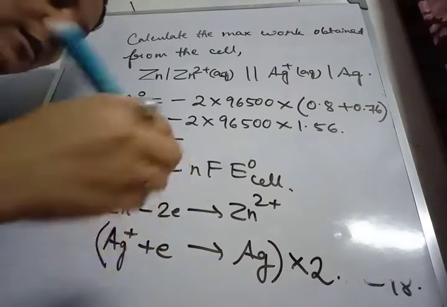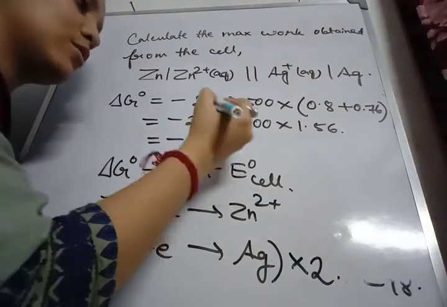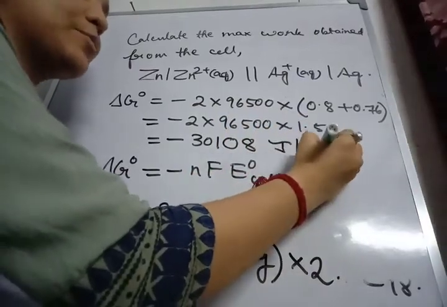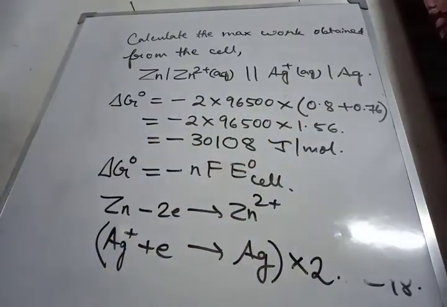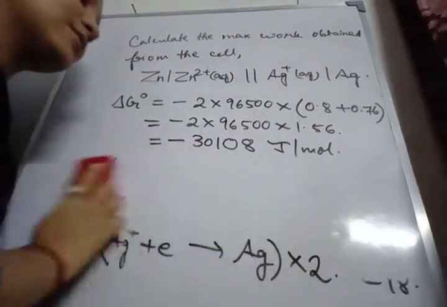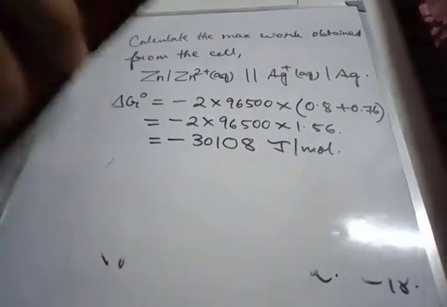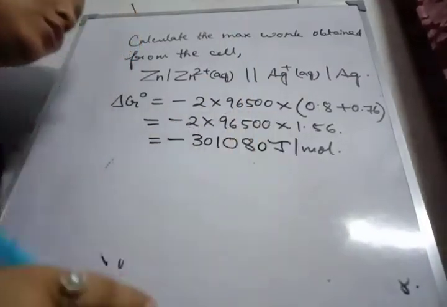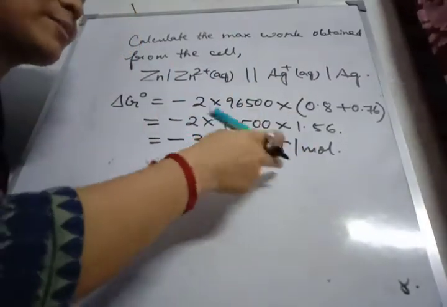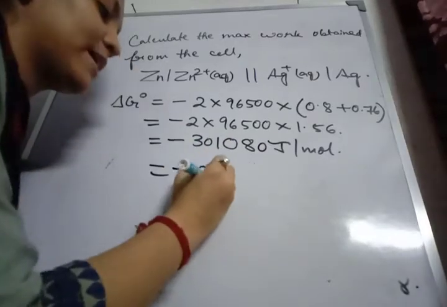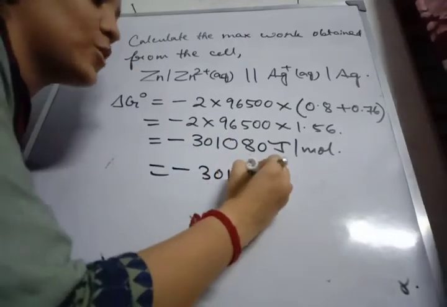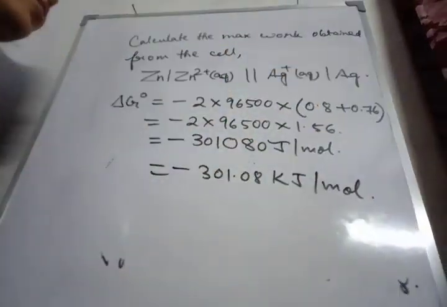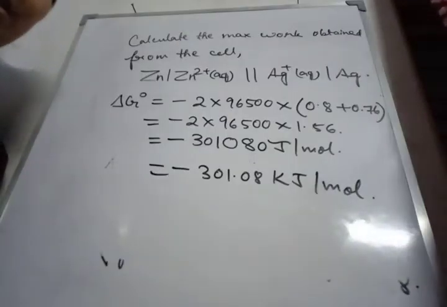Minus 301,080 joule per mole. If I convert this to kilojoule, I will divide by 1000. So minus 301.08 kilojoule per mole. This is the maximum work done.